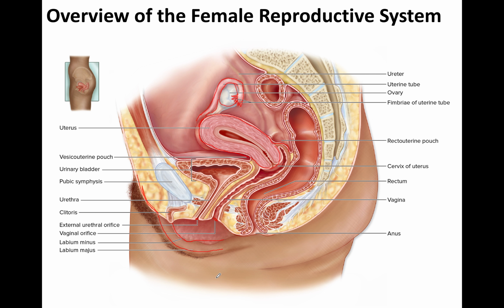Here is the urinary opening, or the urethral opening. The other thing is going to be the clitoris, which is the same erectile tissue that forms the penis. That same cavernosa tissue will be found in the most anterior part of the female reproductive system. So actually that's in front of the urethra as well.